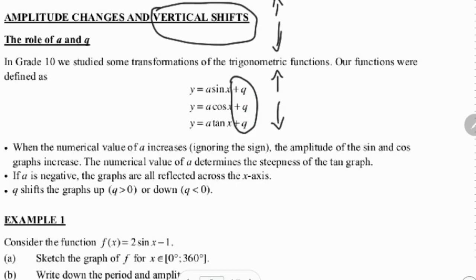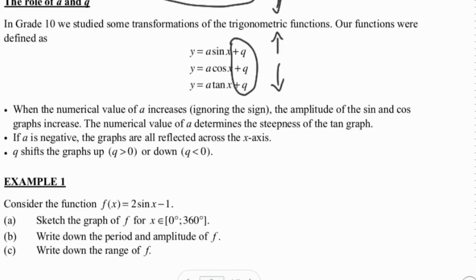So a plus is upwards, a minus is downwards. With this graph here, we have a function that is sine of x minus a number, so there's a vertical shift of -1. The whole graph will then shift 1 unit down.